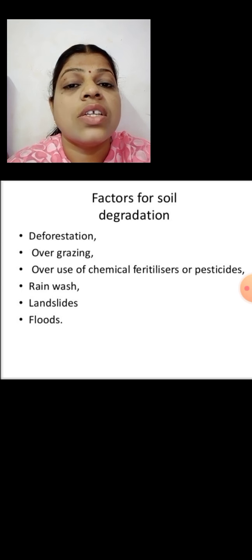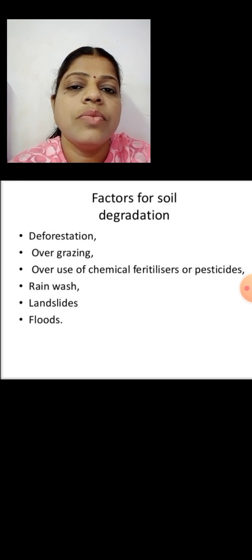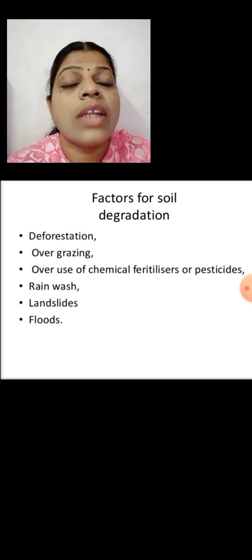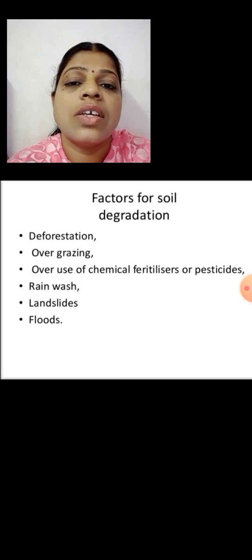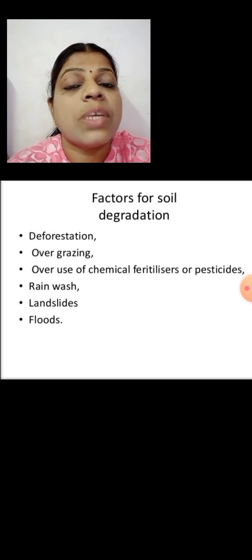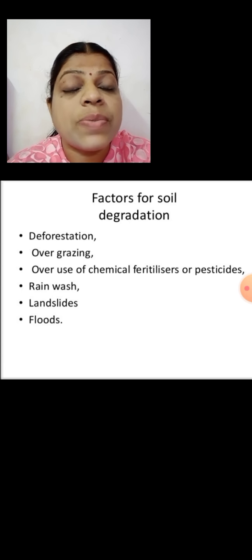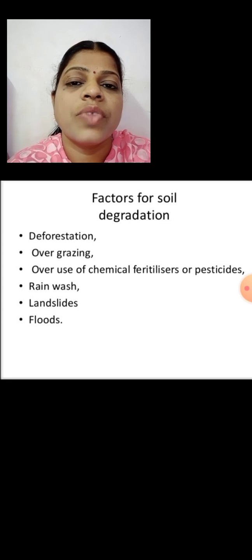And the next one is the overuse of chemical fertilizers or pesticides. We know that nowadays organic manures have been replaced by artificial fertilizers and pesticides. So what happens, children? Have you thought about its repercussions? It contaminates the health conditions of human beings, which reduces the life expectancy of human beings also, isn't it?